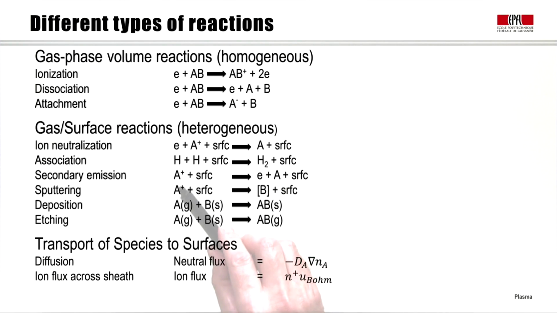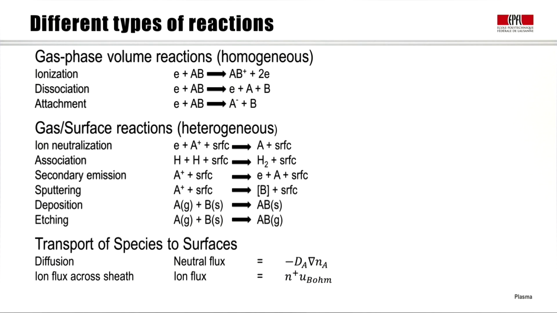Another surface reaction is where positive ions bombard the surface and release a secondary electron. Yet another is sputtering, where ions release a component of the surface itself. And finally, very useful applications are concerning deposition, where a gaseous atom A reacts with a surface species B and forms a solid surface deposition.